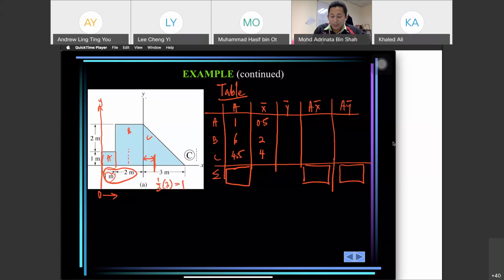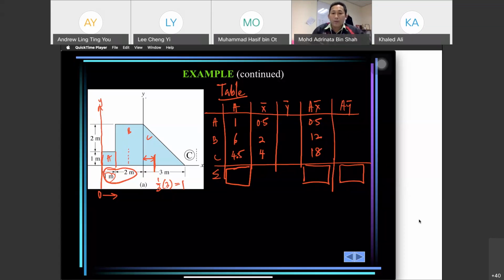Now we calculate our AX bar. So 1 times 0.5 is 0.5. 6 times 2 is 12. 4.5 times 4 is 9 times 2, 18. Okay.